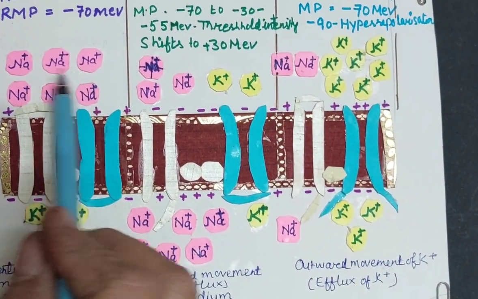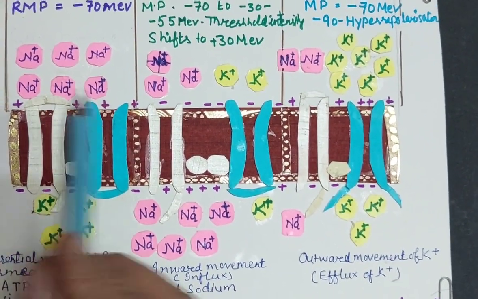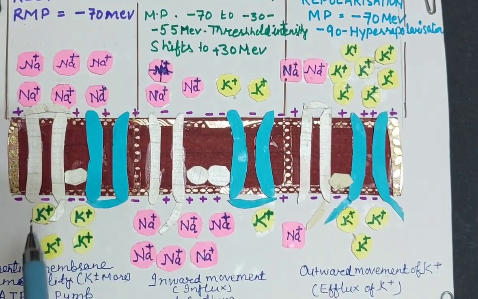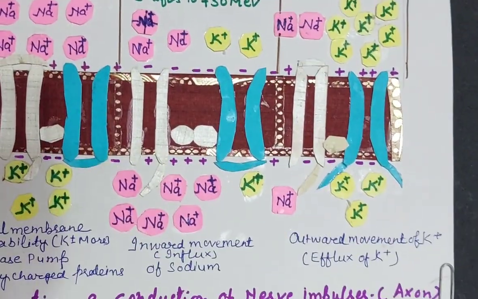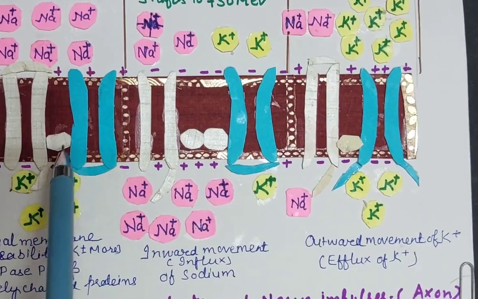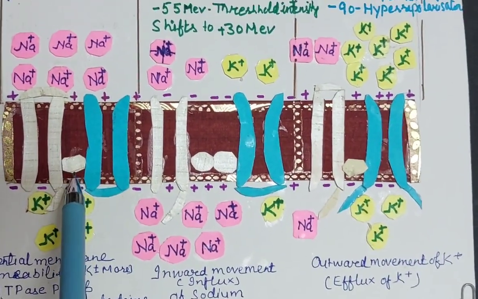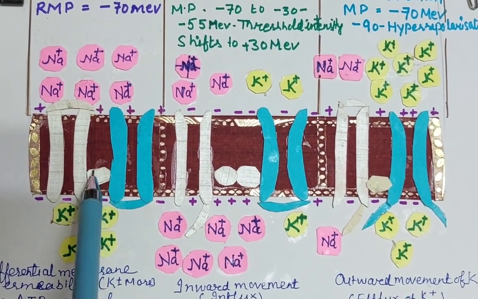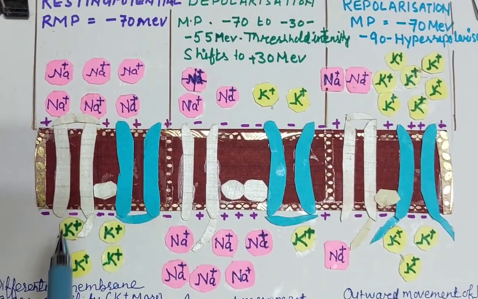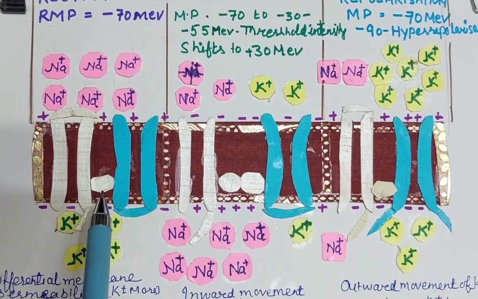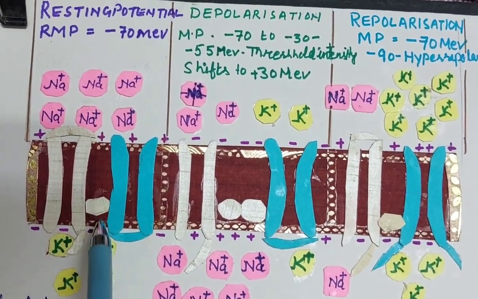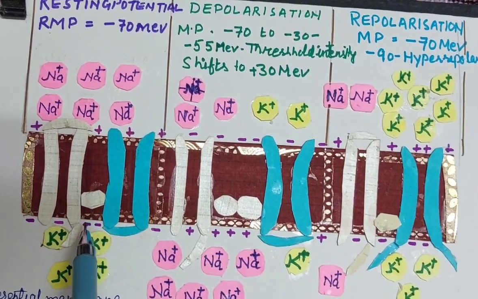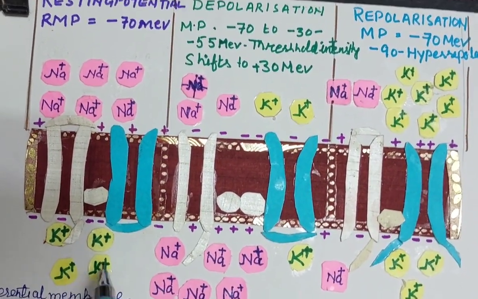Again, there is a difference in the number of ions between the extracellular fluid and the intracellular fluid. And the third reason is that negatively charged proteins are present, and because of their larger size, they cannot move through these channels, and they remain near the membrane, which again makes it negatively charged from inside.